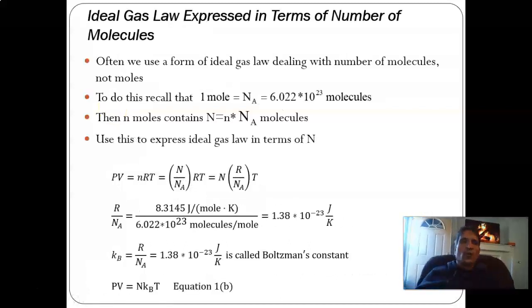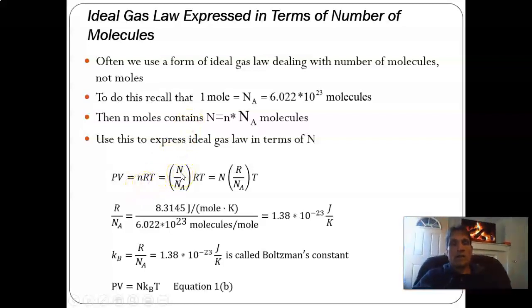If you want to deal with it in terms of molecules, chemists like to talk in terms of moles, physicists often like to talk in terms of number of molecules. We can use the fact that if little n is the number of moles and each mole has Avogadro's number of molecules, then n moles must have n times Avogadro's number of molecules.